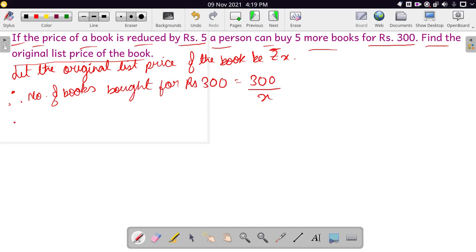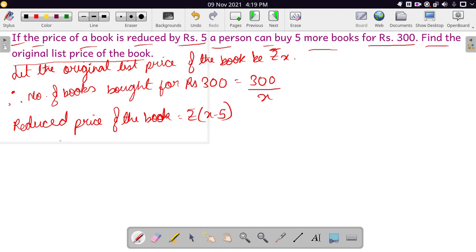Now we need to find the reduced list price of the book. It says that if the shopkeeper reduces the price of the book by 5 rupees, then he can buy 5 more books. So what is the reduced price of the book? The original list price was x. The reduced price will be simply x minus 5.